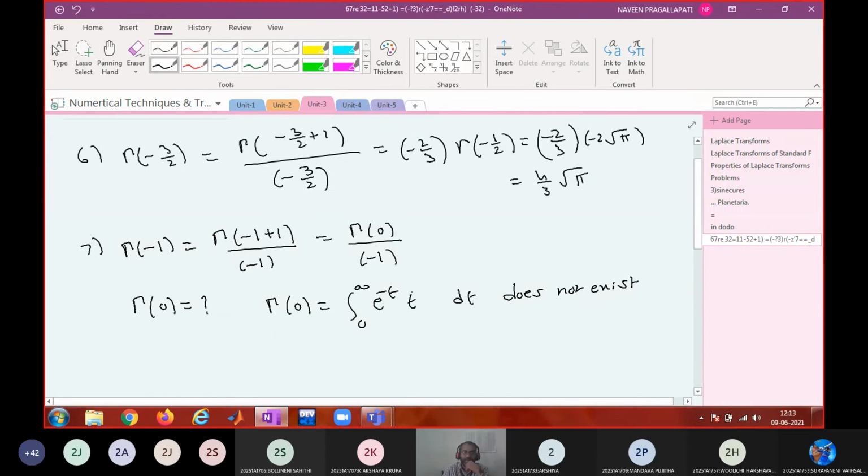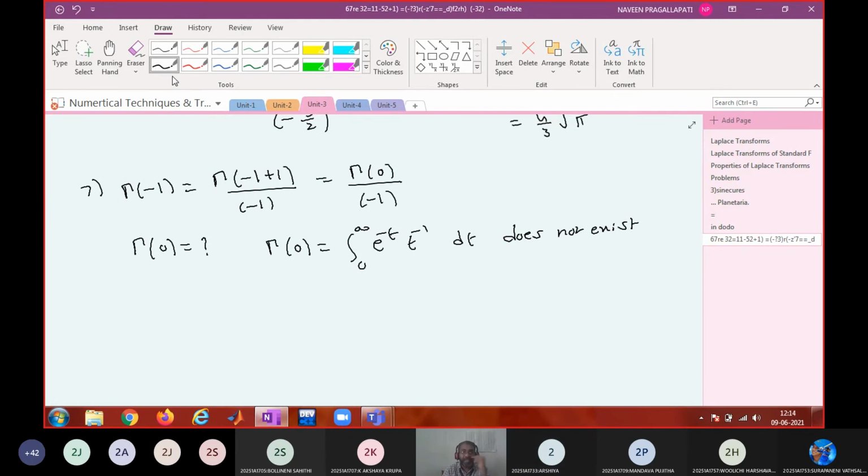So therefore, because gamma of 0 does not exist, gamma of minus 1 does not exist. When gamma of minus 1 does not exist, gamma of minus 2 does not exist, gamma of minus 3 does not exist, gamma of minus 4 does not exist. So gamma is undefined at negative integers as well as 0.